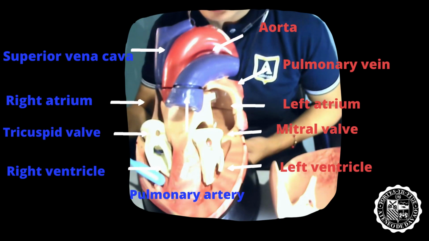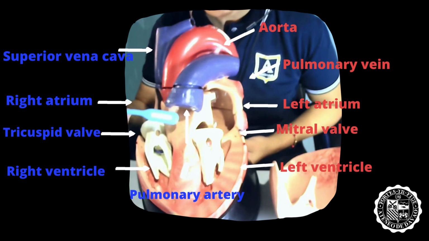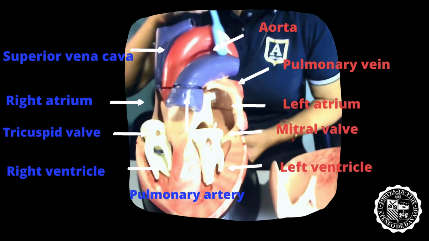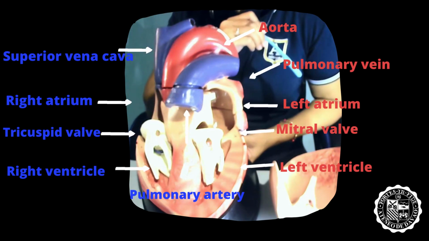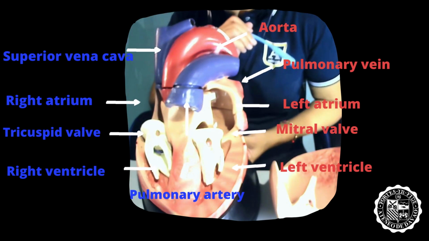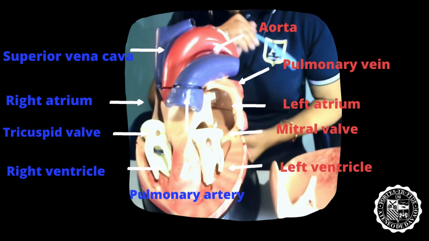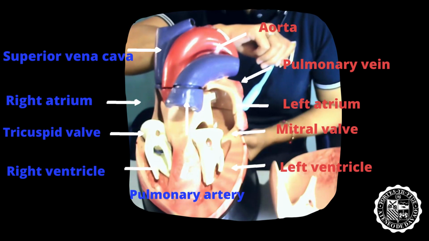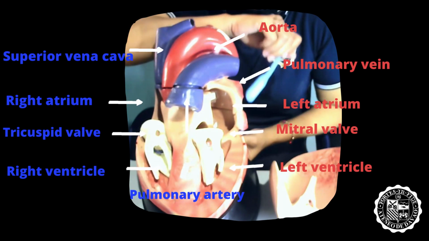Then the blood is carried by this pulmonary artery to the lungs, so that the deoxygenated blood will be exchanged with oxygenated blood and enters here in the pulmonary vein.